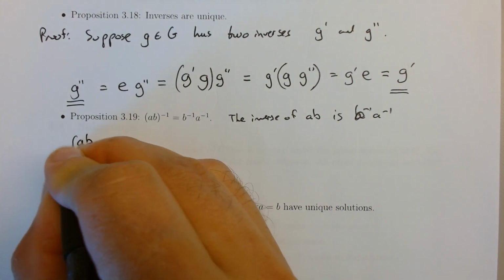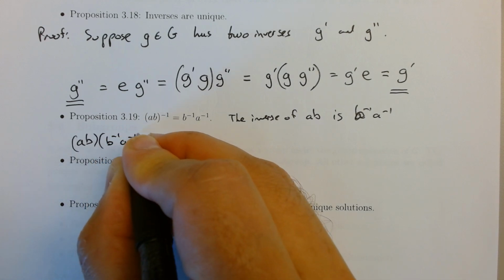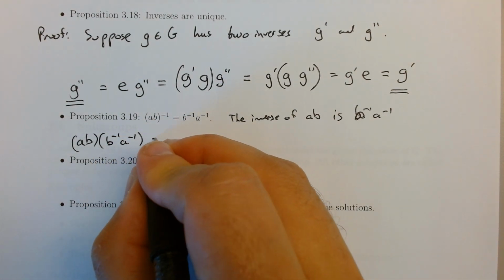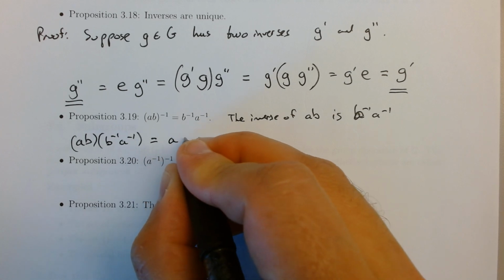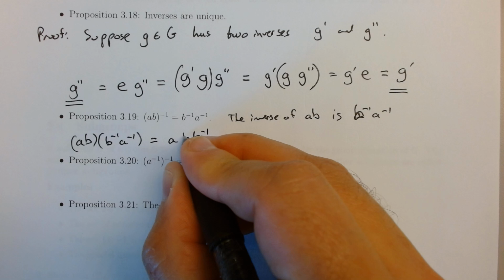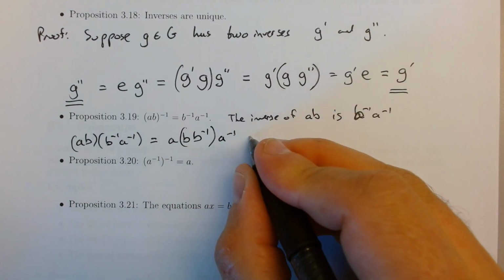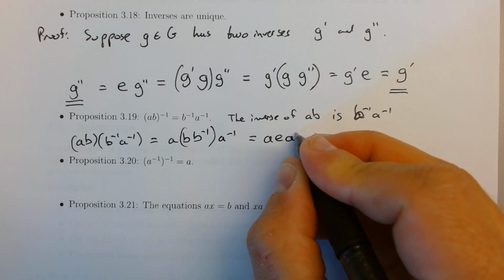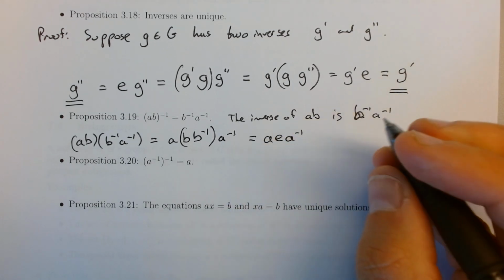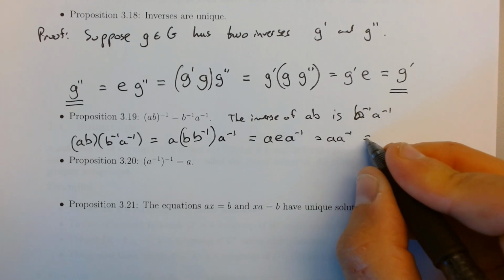So AB times B inverse A inverse. Again, I can use associativity to rearrange the parentheses as long as I don't change the order. So I rearrange the parentheses this way. That's the identity. Identity times anything is itself, so I get A A inverse, and that's just the identity.